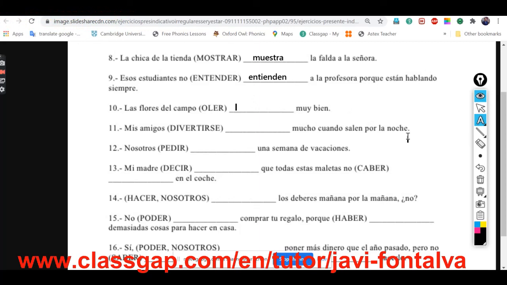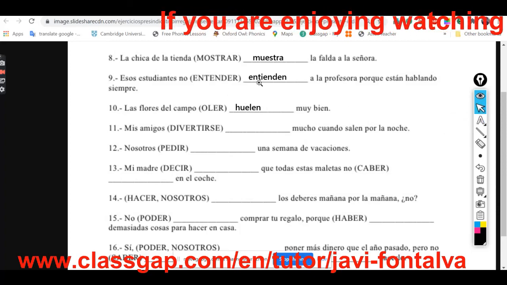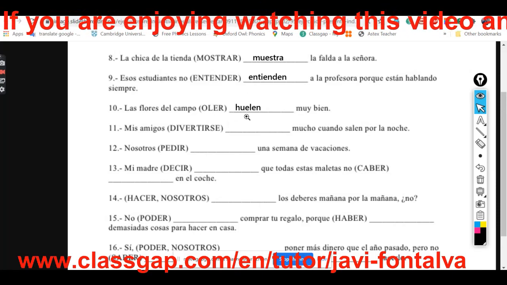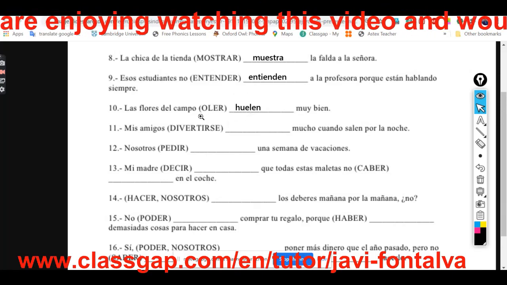Las flores del campo huelen. Okay, this is a weird one. For this one, you're going to add an H for no reason, but only for this verb.